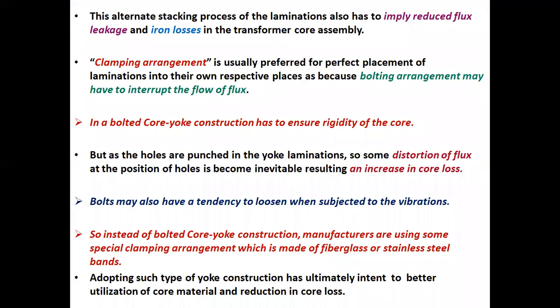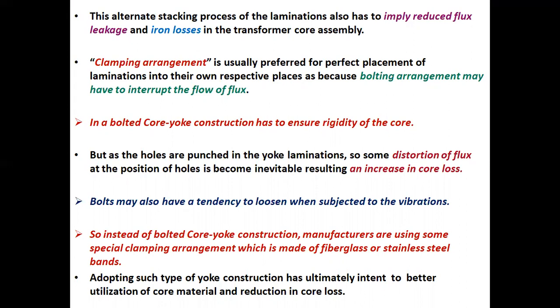In a bolted core, yoke construction ensures rigidity of the core. But as the holes are punched in the yoke lamination, some distortion of flux at the position of holes becomes inevitable, resulting in an increase in core loss.